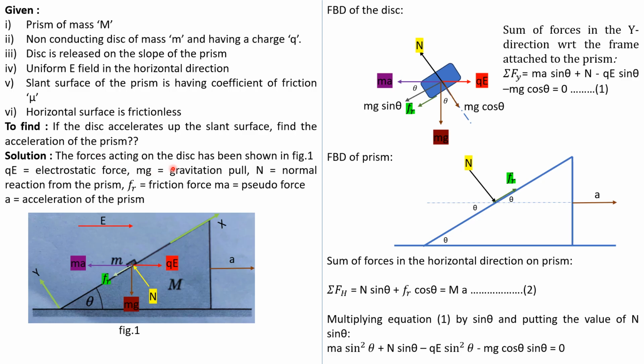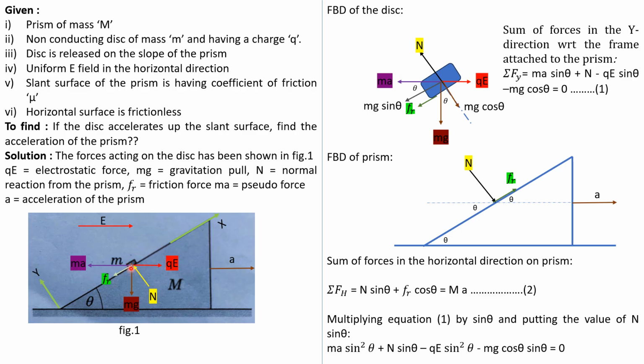The forces acting on the disk have been shown in figure 1 for your convenience. These are the forces: qE is the electrostatic force, mg is the gravitational force, N is the normal reaction from the prism to the disk, Fr is the friction force on the disk.